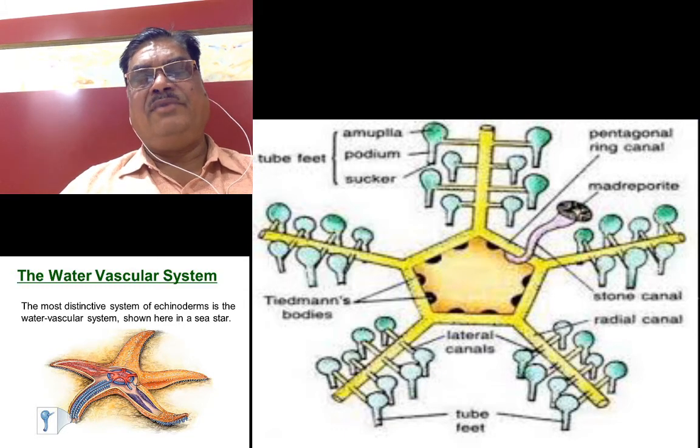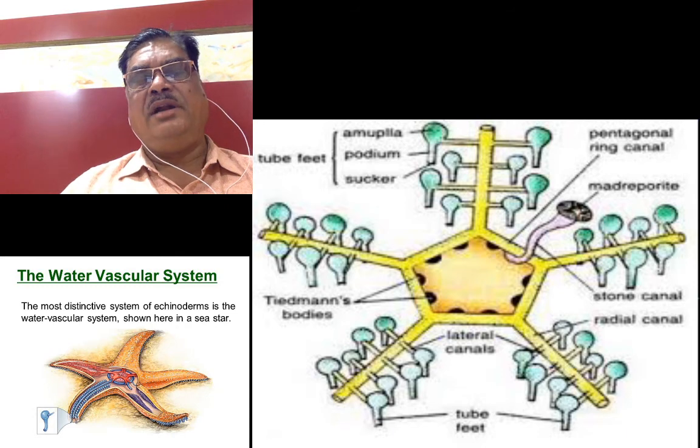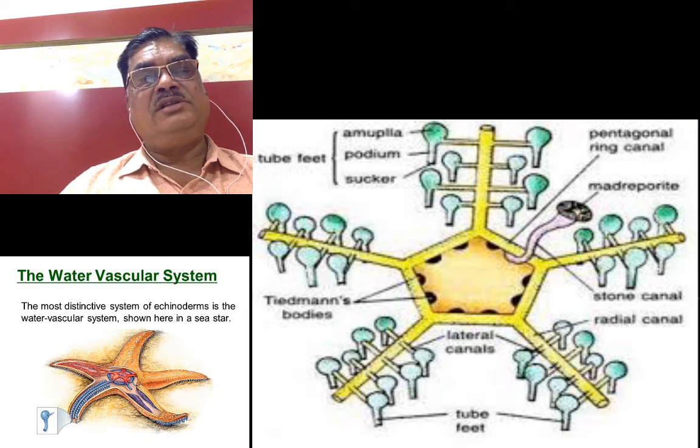They have two surfaces, the oral surface and the aboral surface. And on the oral surface, at the center, there is a mouth. From the mouth, ambulacral grooves radiate, and these ambulacral grooves are surrounded by ambulacral spines. These are movable spines. And on the aboral surface, there is the presence of the madreporite.